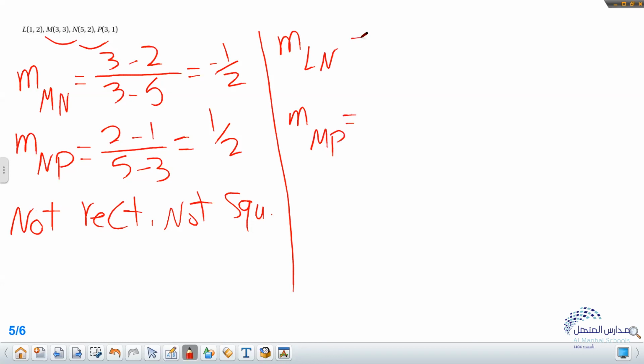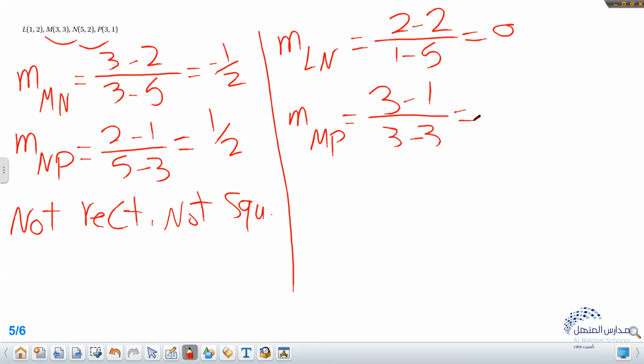The slope of LN equals 2 minus 2 over 1 minus 5. It will be 0. But the slope of MP is 3 minus 1 over 3 minus 3, which is 2 over 0, which is undefined.